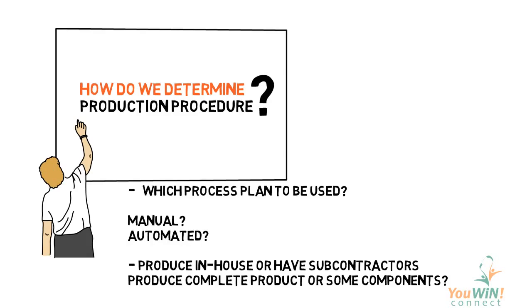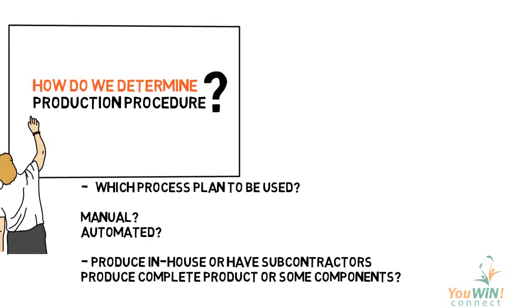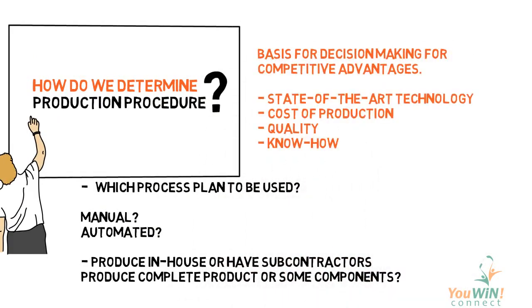If we're outsourcing, are we outsourcing the whole product or are we outsourcing parts of the product? And usually, what assists in being able to make this decision in order for us to have competitive advantage are the following.